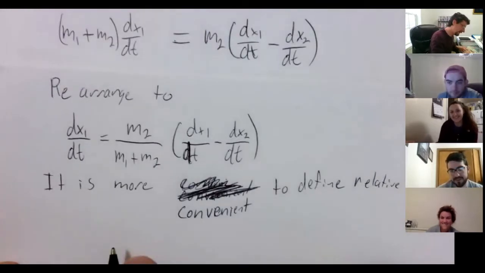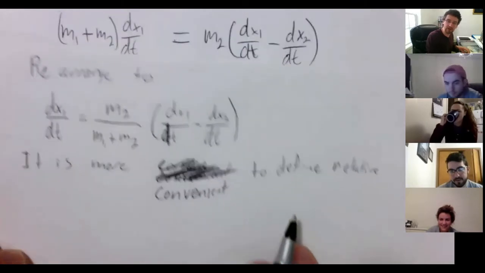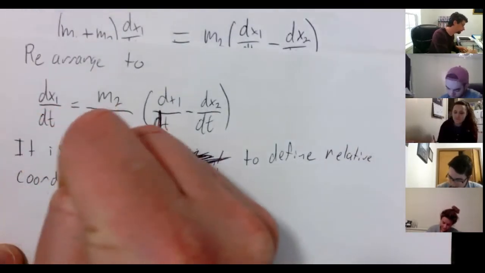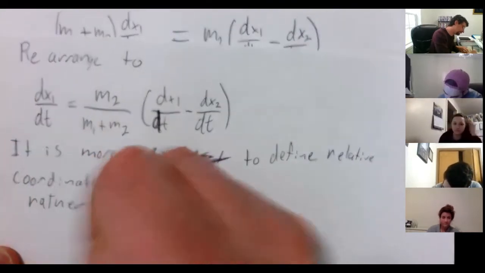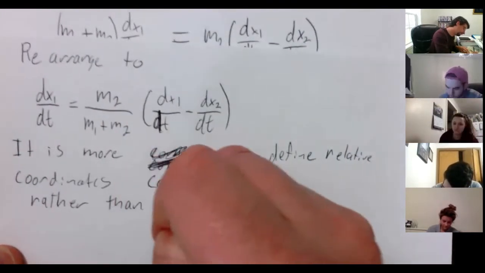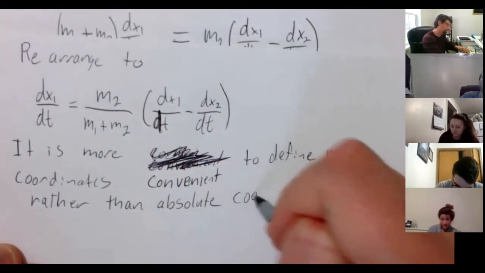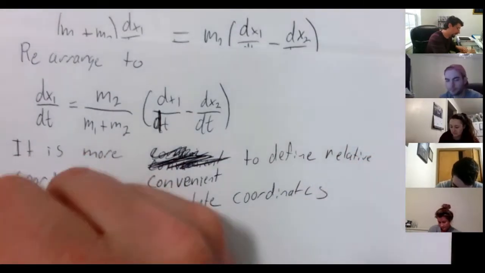So it's easier to define this in terms of relative coordinates rather than absolute. Okay, so what do we mean by that?